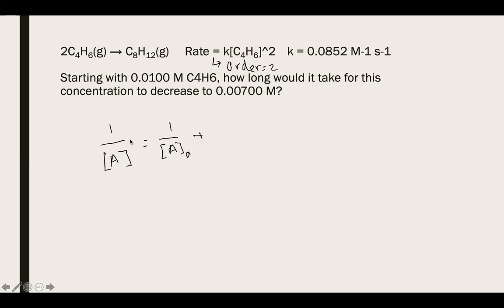You're given your A initial right here, and it's asking you to find how long it'll take to decrease to this concentration. So it's going to be this A, and you have your k value up here. So you can plug all these into this. Oops, I plugged in the wrong number.